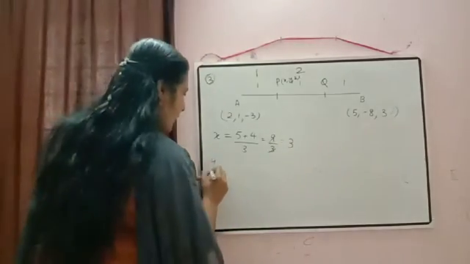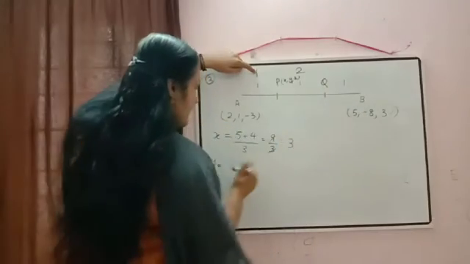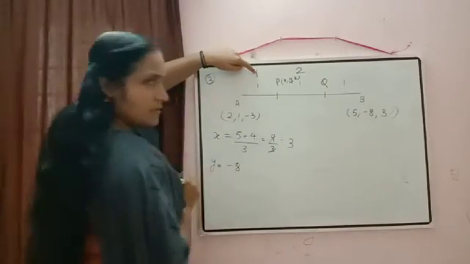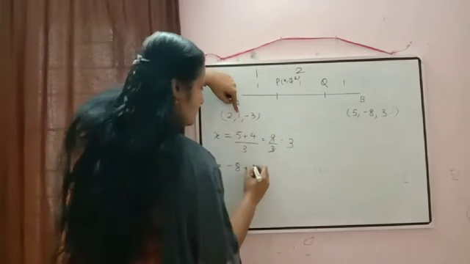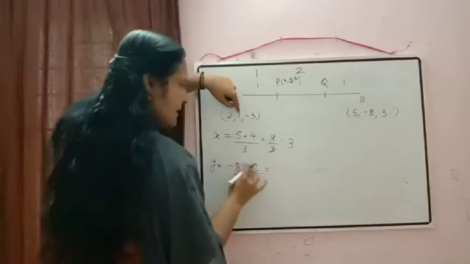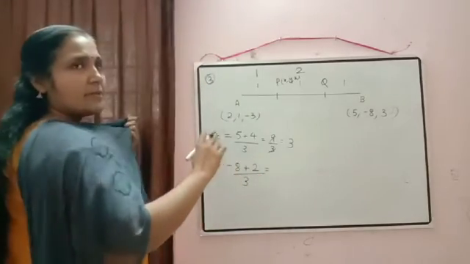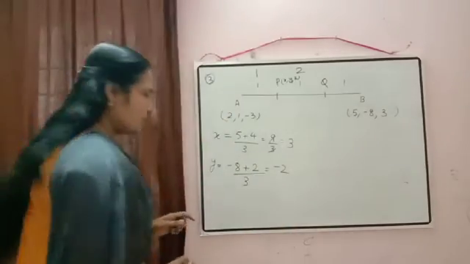Then next, the y coordinate there. What will come? 1 into minus 8, so that will be equal to minus 8, plus 2 into 1, so that will be equal to 2, by 2 plus 1 is 3. Minus 8 plus 2 is minus 6 by 3, minus 2.